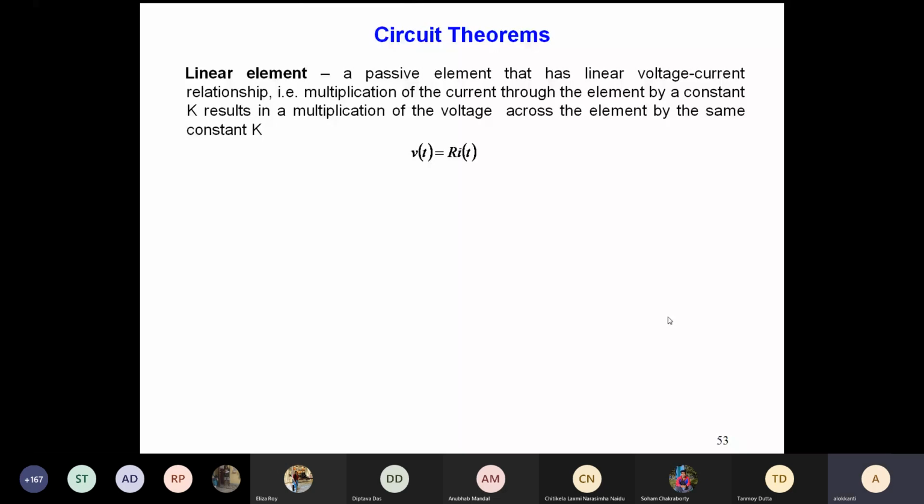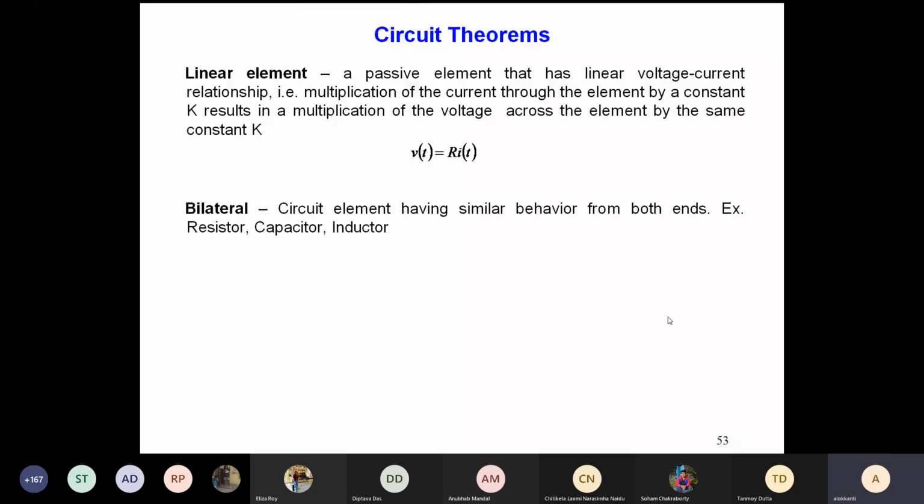Now there is another definition which is called bilateral. Bilateral means a circuit element that has similar behavior from both ends. I have just kept capacitor and inductor here, but we will restrict ourselves to resistance, because capacitor and inductor will be defined later.